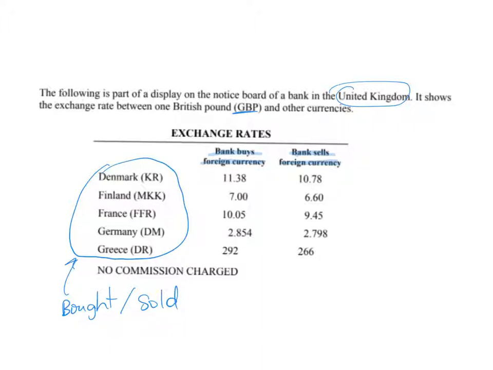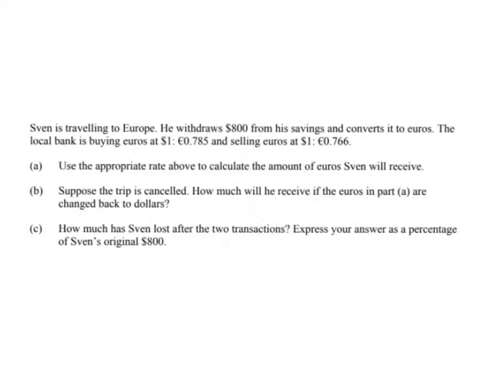All right, let's look at another example. In this case, we have this guy, he's traveling to Europe. All this good stuff is happening for him, but let's focus on what's being bought and sold. The bank is buying euros and selling euros. So in this case, the bank is buying and selling euros. Now look at this guy. He wants euros.